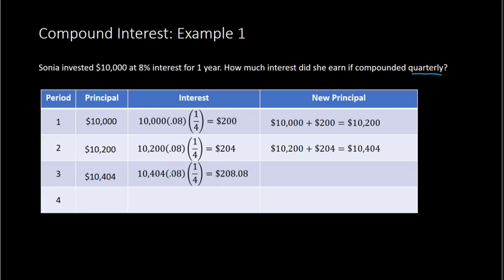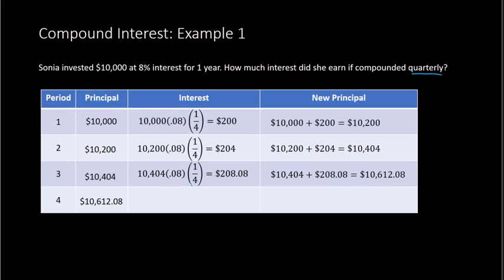So the new principal is the $10,404 at the beginning of quarter 3 plus the interest earned, which is $208, and that gives me $10,612.08.